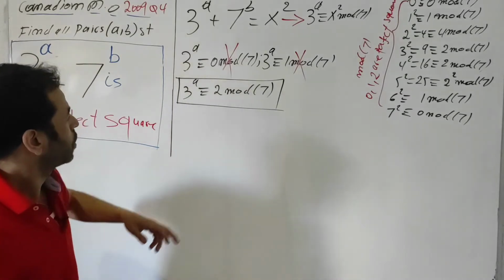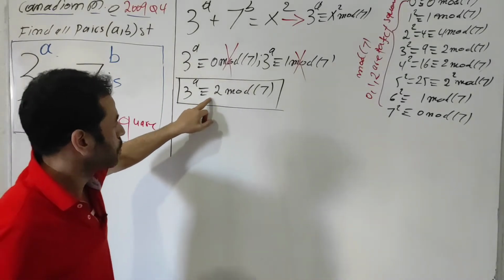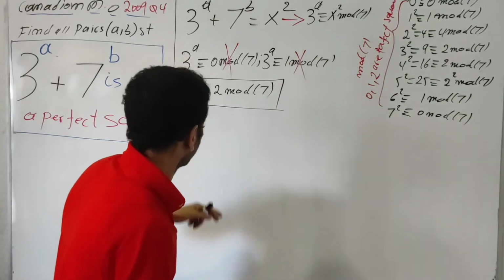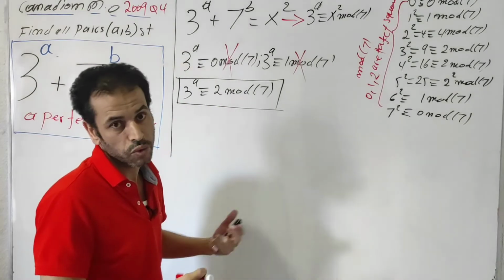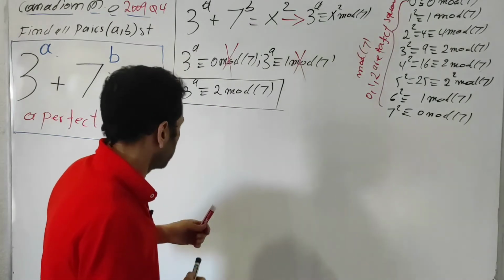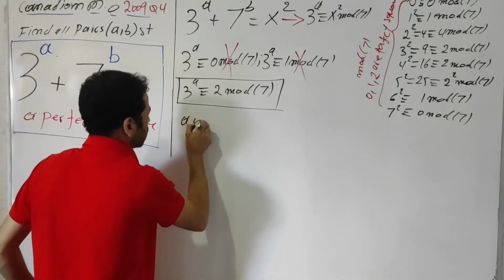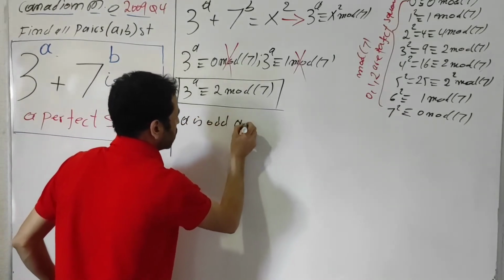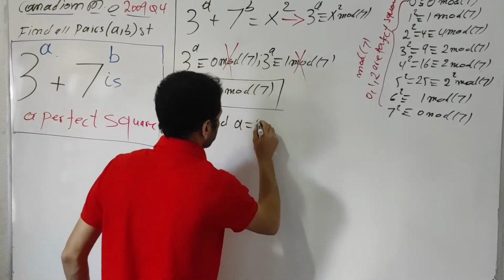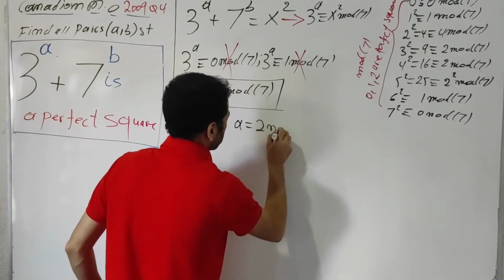Now this will be broken into two cases: when A is an even number and when A is an odd number. I'm going to check the odd case first. If A is odd, that means A will be replaced with 2n plus 1.